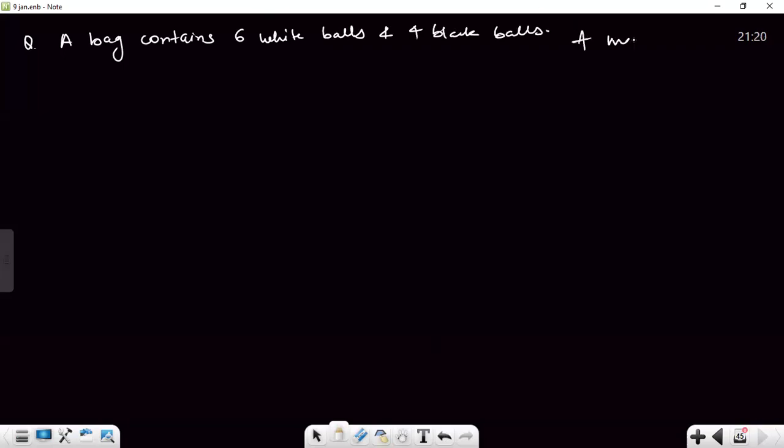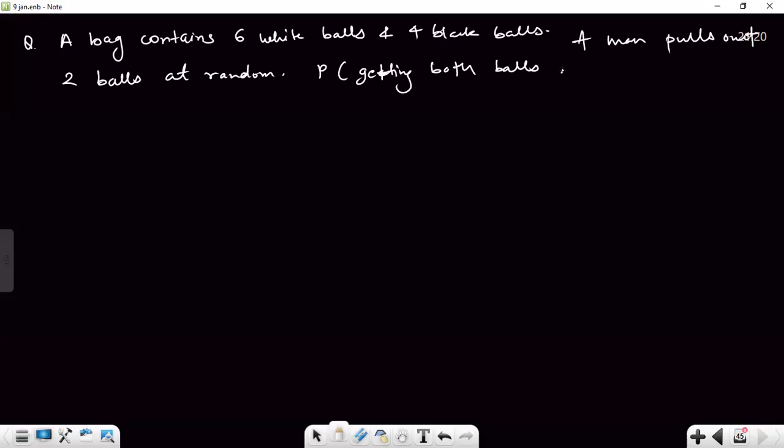A man pulls out 2 balls at random. The probability of getting both balls of the same color is what we have to find out.